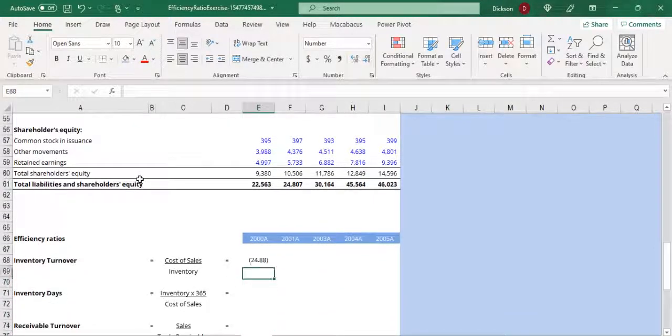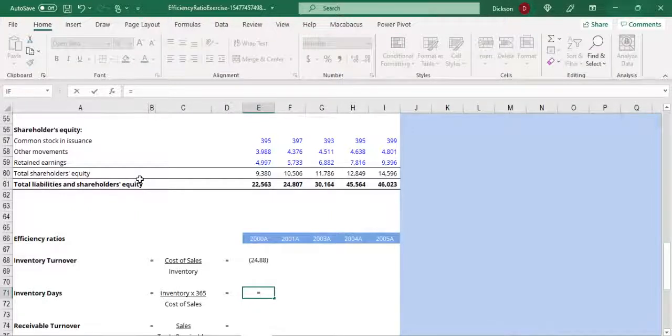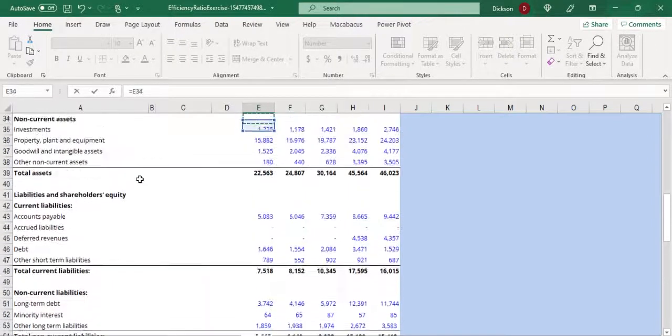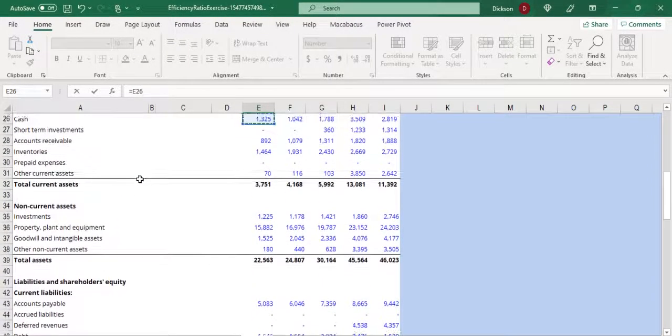We equally have what we call inventory days. With the inventory days, you're simply trying to calculate the duration that it takes for you to convert your inventory to sales. In this formula, you simply take your inventory and multiply by the number of days in a year, and then you divide by what? By the cost of sales. So here we're going to be taking inventory here, which is this.